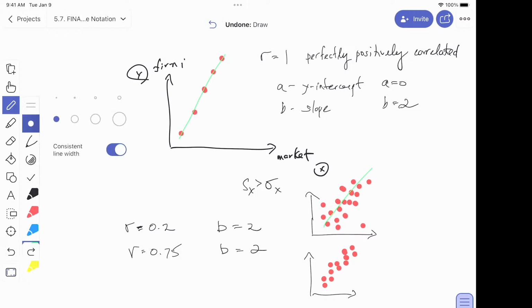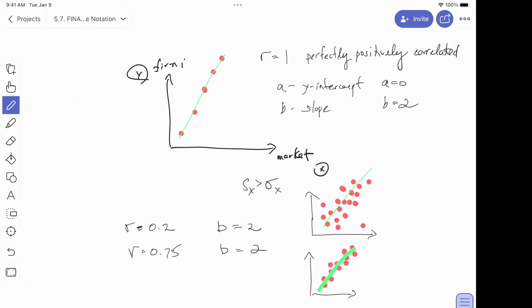There will be some variation. There could be a lot of variation. Again, I've drawn this with the same slope, but more tight. So the R I make there as 0.75. I'm just trying to differentiate between correlation and slope. They are related, but they're different numbers and they mean different things. The one thing that's the same is the sign. If R is positive, slope is positive. If R is negative, slope is negative.